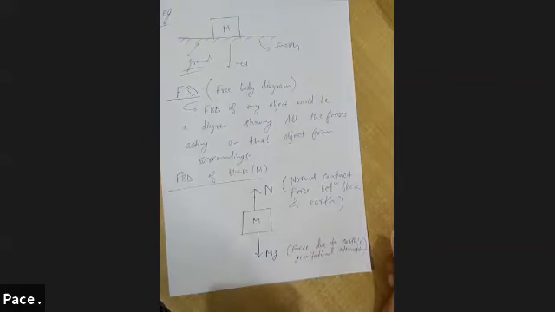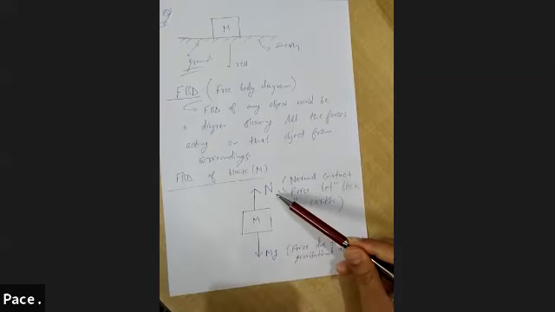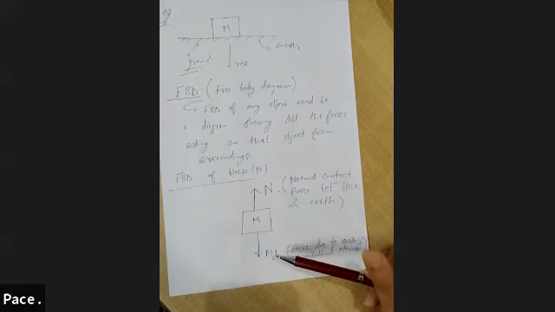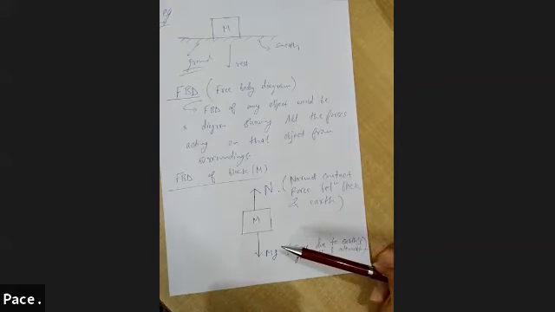There is one action reaction pair, and obviously that action reaction pair, as per most of the students, would be normal and mg. Is it true? How many of you think that normal force applied by Earth on the block and this gravitational pull applied by Earth on the block are forming an action reaction pair?